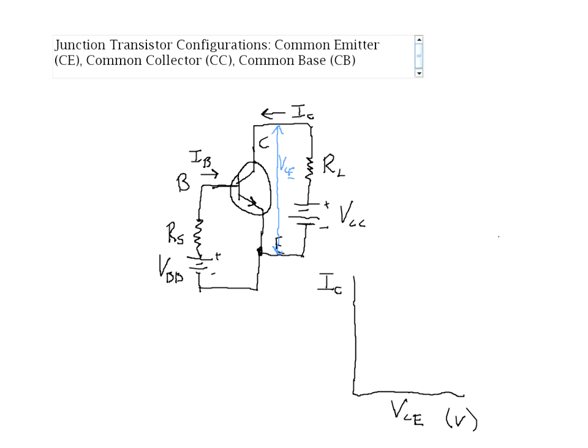Now, the key is that the current voltage curve I get on this graph is going to depend on what's going on at the base. Depending on whether or not current is flowing through the base, or if there is, how much is flowing, that's going to affect the current voltage curve that I get in my graph.